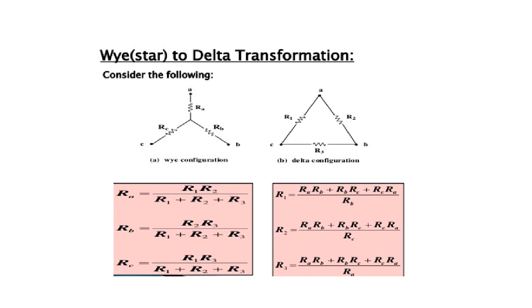That is how they are representing, the point opposite to this R1 will be denoted in the denominator. Okay, so next one R2. For R2, RA RB plus RB RC plus RC RA divided by the opposite point, that is RC. Likewise R3 is equal to RA RB plus RB RC plus RC RA divided by RA.